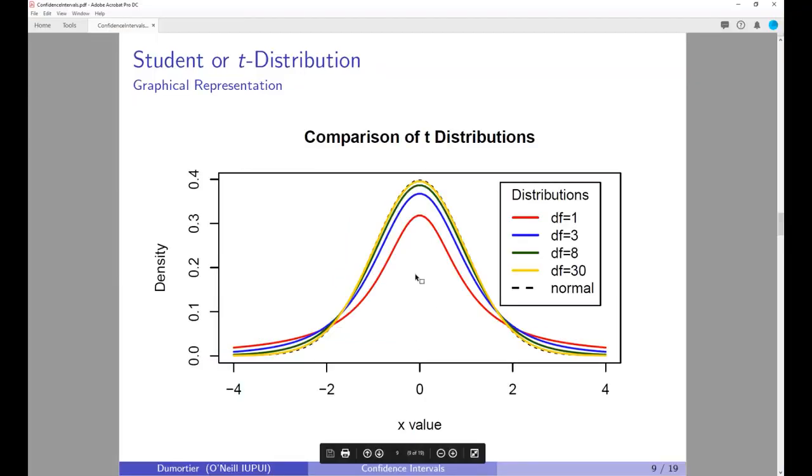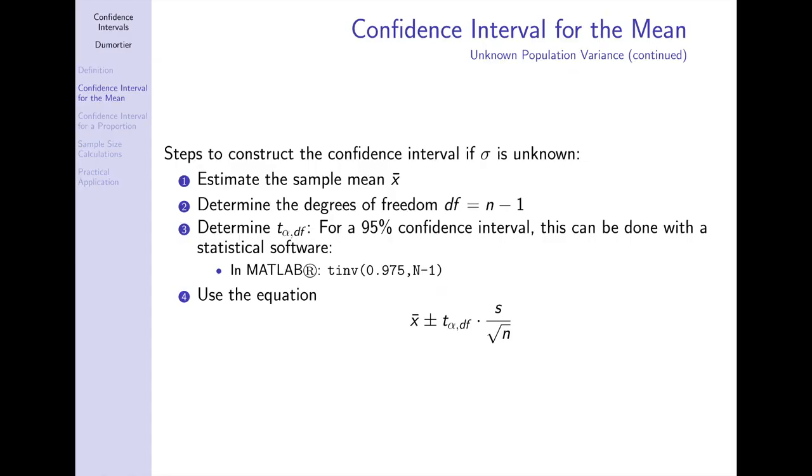Okay. So the steps to construct the confidence interval for the mean, if the population variance or the population standard deviation is unknown, are as follows. You estimate the sample mean, which is x bar. You determine the degrees of freedom, which depend on the sample size, n-1, meaning if you have a sample size of 36, then the degrees of freedom is 36 minus 1, equal to 35.